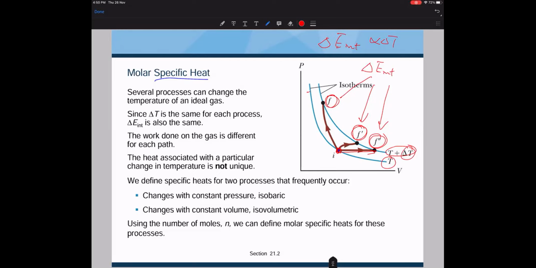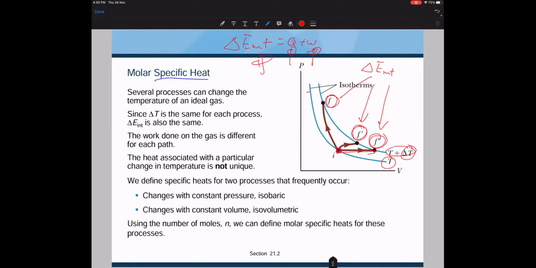But at the same time, when you are heating up the gas from T to T plus delta T, you do not simply provide the change in the internal energy, because from the first law, delta E is equal to Q plus W. So the heat supplied is not simply for changing delta E. It could be used for the W as well. So it depends a lot on the path taken.